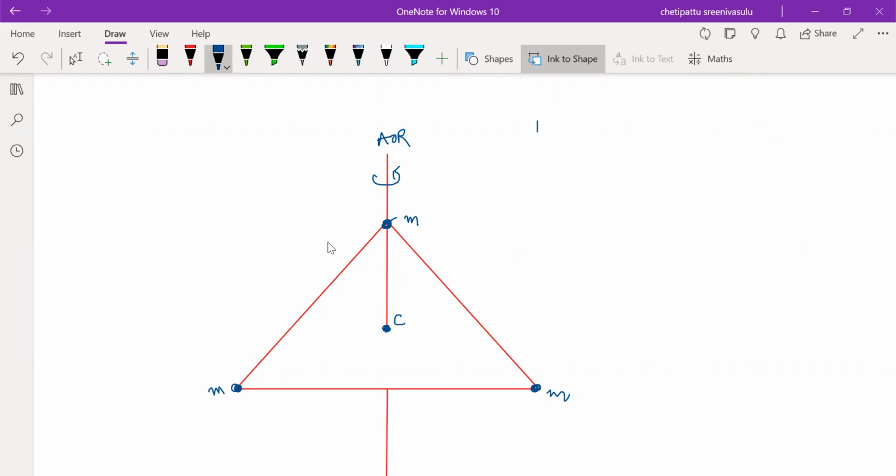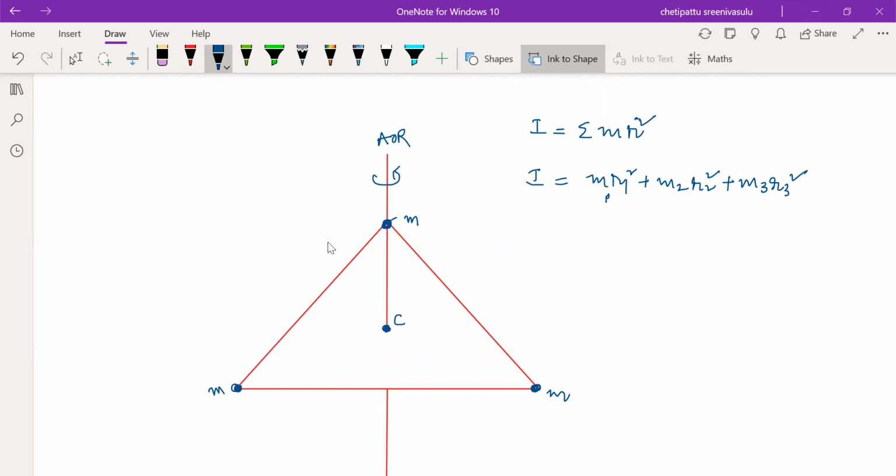Now calculate the moment of inertia. How to calculate moment of inertia? Sigma mr square is the formula for n number of masses. For a single mass, it is mr square. So here three masses are there: m1 r1 square plus m2 r2 square plus m3 r3 square.